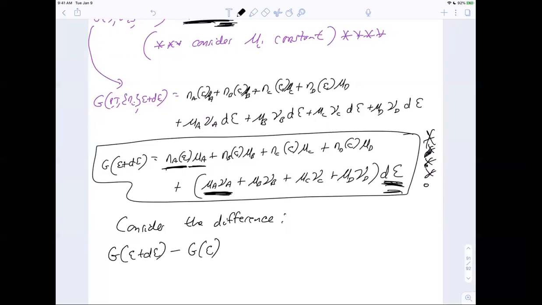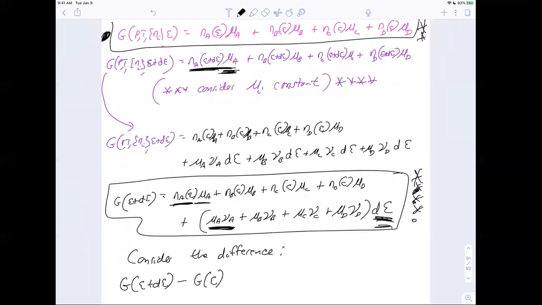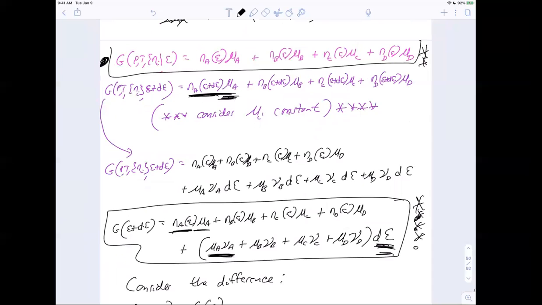They're implicitly taken into account. So for this difference, I think you can visualize the easy part: if you look at the species A, in the G at epsilon plus d epsilon equation, we have n_A at epsilon times mu A, and that is the same as n_A at epsilon times mu A in the other equation. So these are all going to cancel.